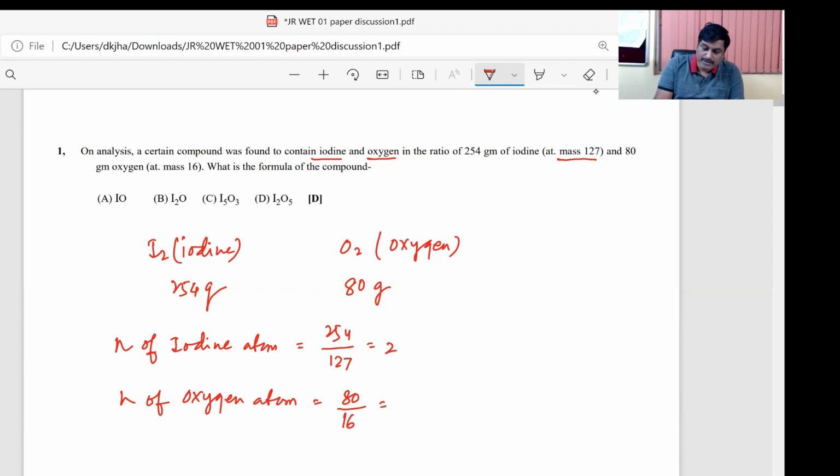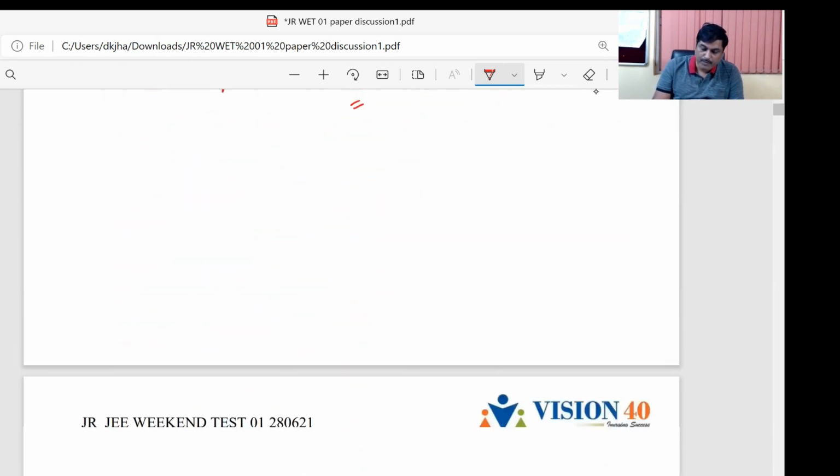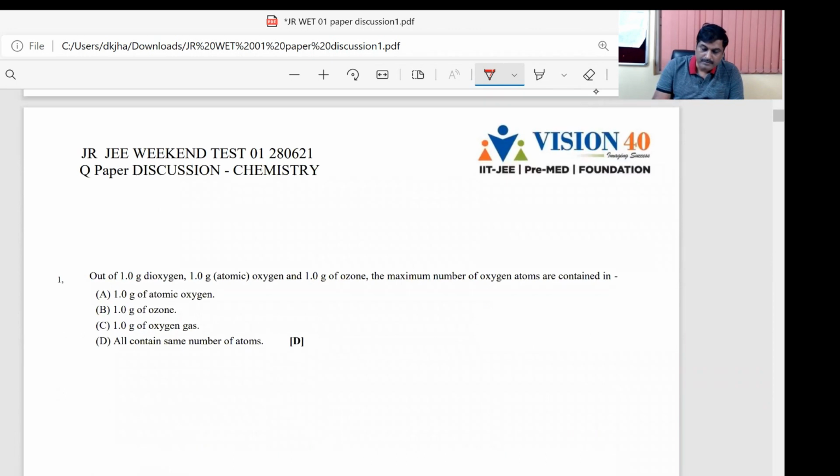So it is equal to 5. So what is the compound here? The compound is I2O5. Correct. Good. Move to the next question.